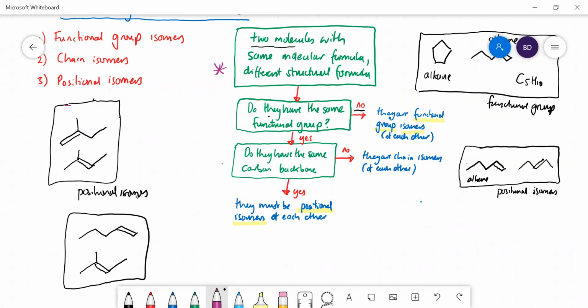Do they have the same functional group? Yes, they do. So move down to this question. Do they have the same carbon backbone? Well, the answer is no, they don't, because this one here has got 5 in a row, whereas this one has got 4 in a row with a branch off it. So these are chain isomers of each other.